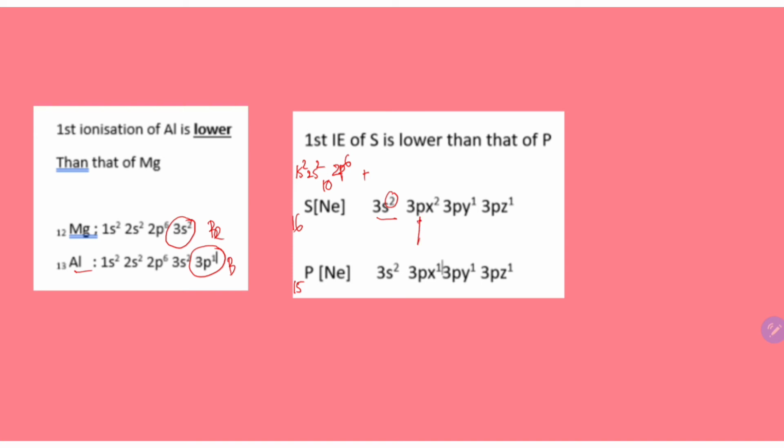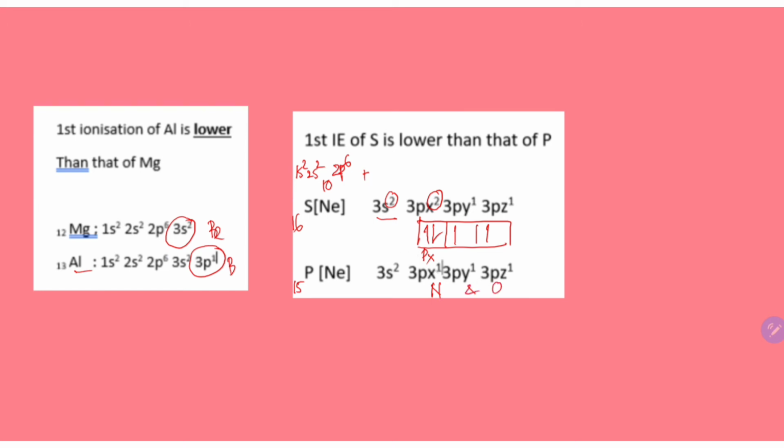So here there are 3 boxes, 1, 2, 3, and 2 electrons in the px orbital. This case is similar to nitrogen and oxygen.